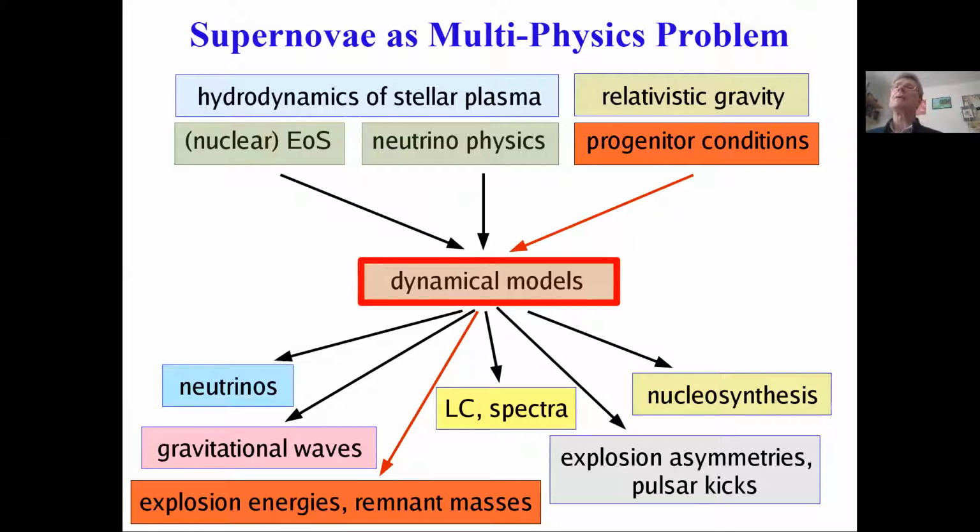We have to treat neutrino transport and neutrino matter interactions, and we need initial conditions, which are provided to us by stellar evolution modelers. All this combined into a dynamical model allows us to predict multiple observables, which we want to connect to measurements and to astronomical observations.